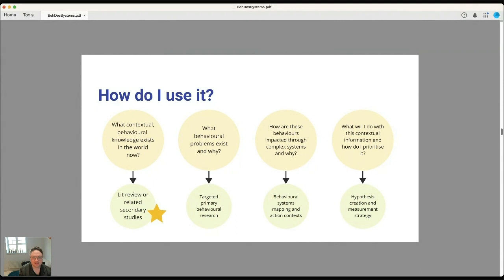The third point is about how are these behaviors impacted through complex systems and why. And one of the best ways to do that is sort of systems mapping and action context, which kind of loosely tie into logic models that we'll talk about later. And then one of the key things that I've always struggled with, I think is a fair thing for me to say when I think back: what will I do with this contextual information, and how do I prioritize it?